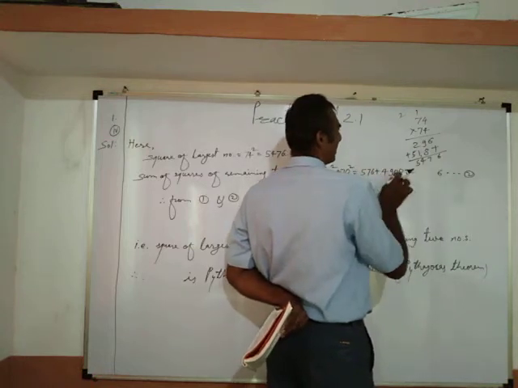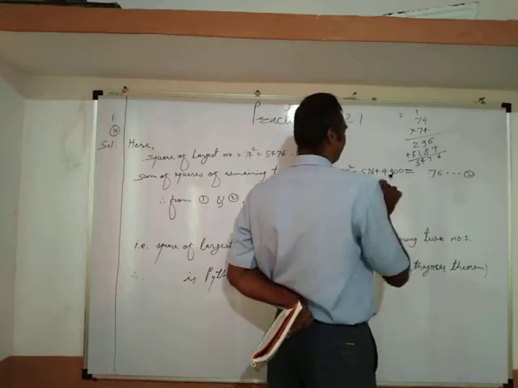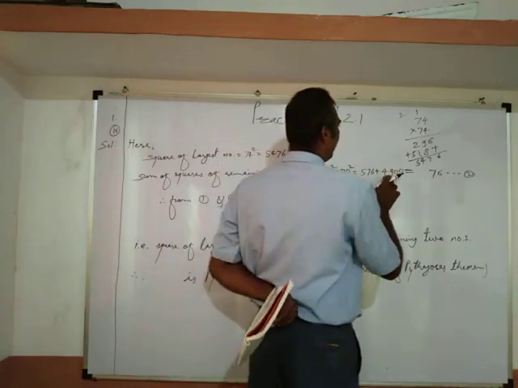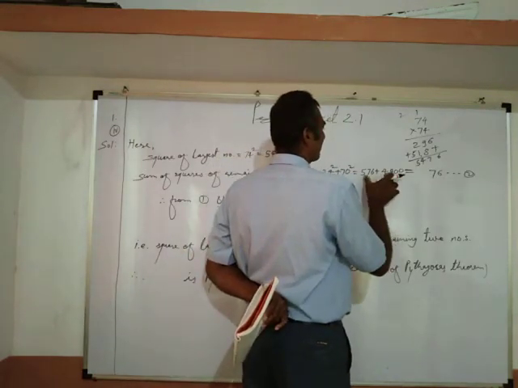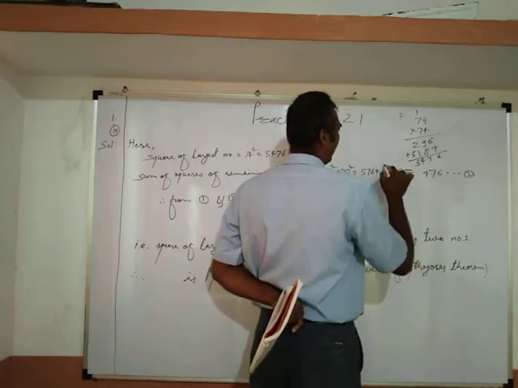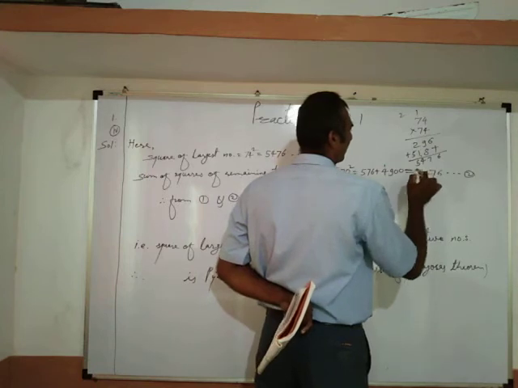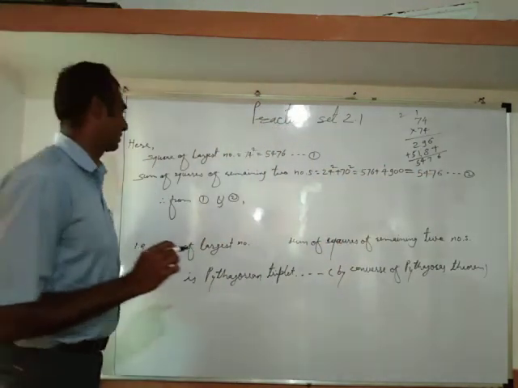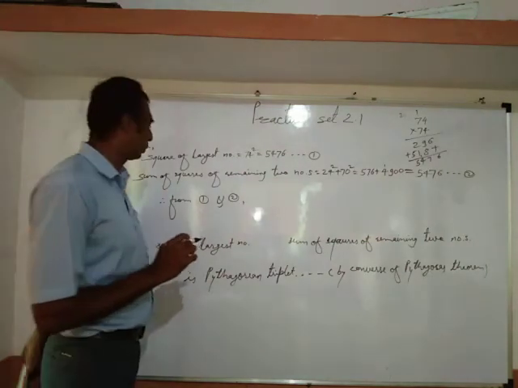And then 7 plus 0 gives us 7. And then 9 plus 5 gives us 14. And carry 1 and 4, 5. Again that sum is 5476.